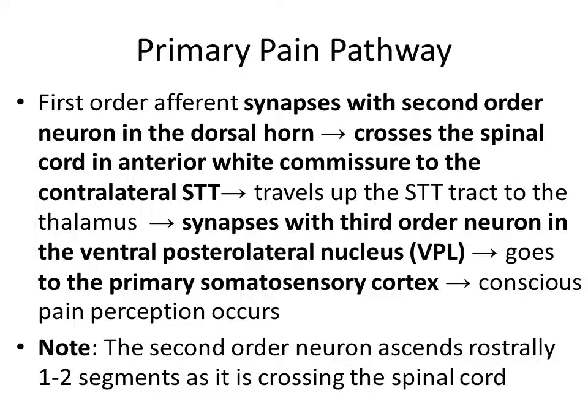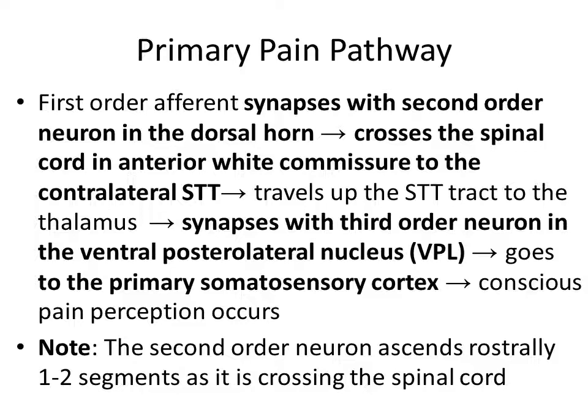So it pretty much is telling us exactly where this neuron is going. It's going to cross to the other side of the spinal cord to the contralateral spinothalamic tract. STT is an abbreviation for spinothalamic tract. It's going to travel up the spinothalamic tract all the way through the brainstem until it gets to the thalamus.